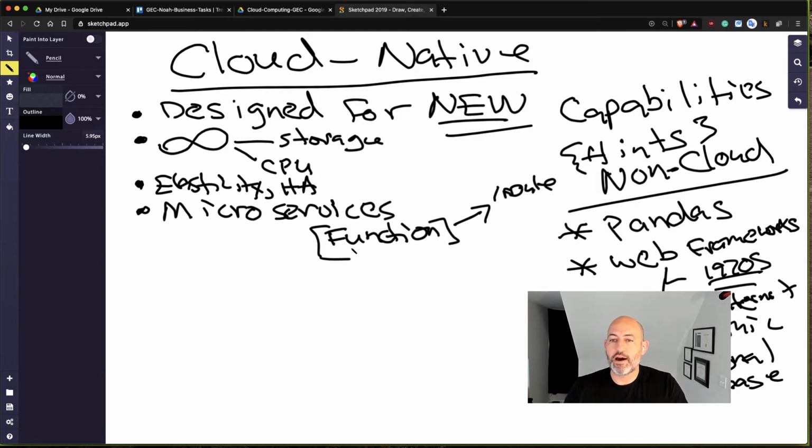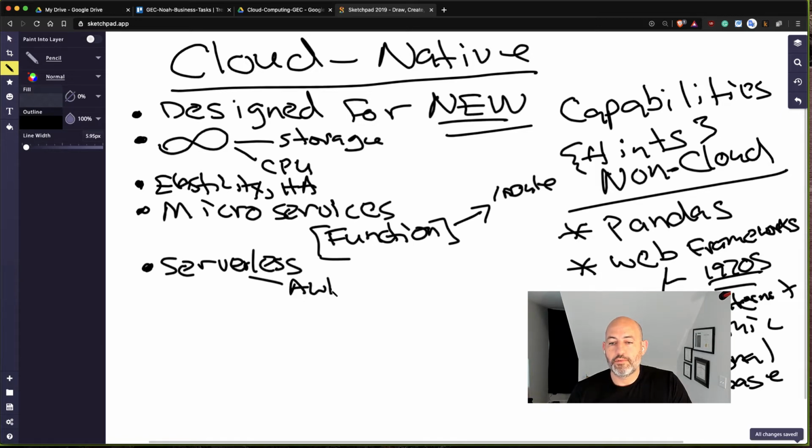These are capabilities that the cloud has enabled, and partially it's enabled this through things like serverless technology. Serverless is a big word, but in general, it encompasses things like AWS Lambda. It also covers things like Google Cloud Functions.